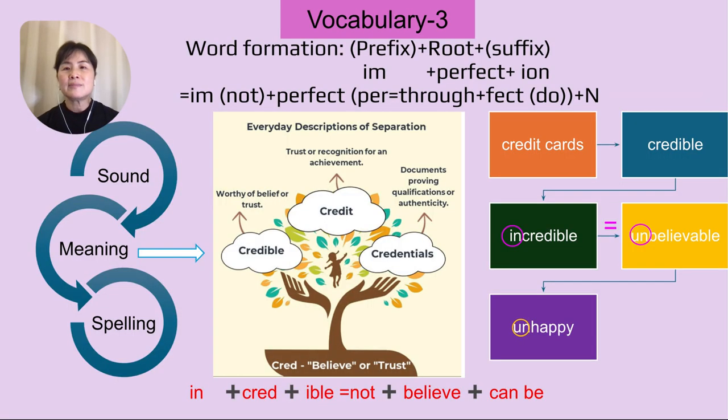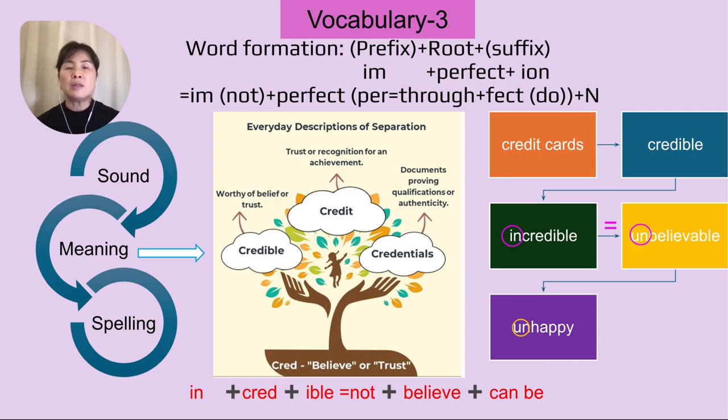So if you want to enlarge your vocabulary size very largely, try to use word formation of prefix, root, and suffix. Like imperfection, we have im meaning not, per means through, that means do, and ion is a noun suffix. Also, another example, like credit cards. You just try to remember the word you already know and relate it to the new one.